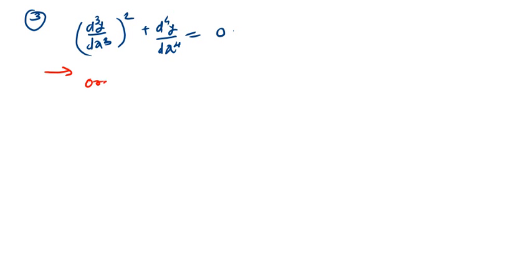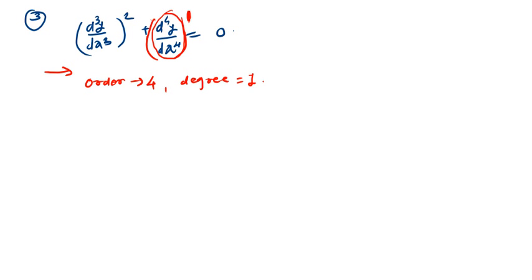What is the order? Order is the highest order derivative. The highest order derivative is d4y by dx raised to 4, so the order will be 4. And what is the degree? Degree is the power of the highest order derivative. This is the highest order derivative and its power is 1, so the degree of this differential equation will be equal to 1.